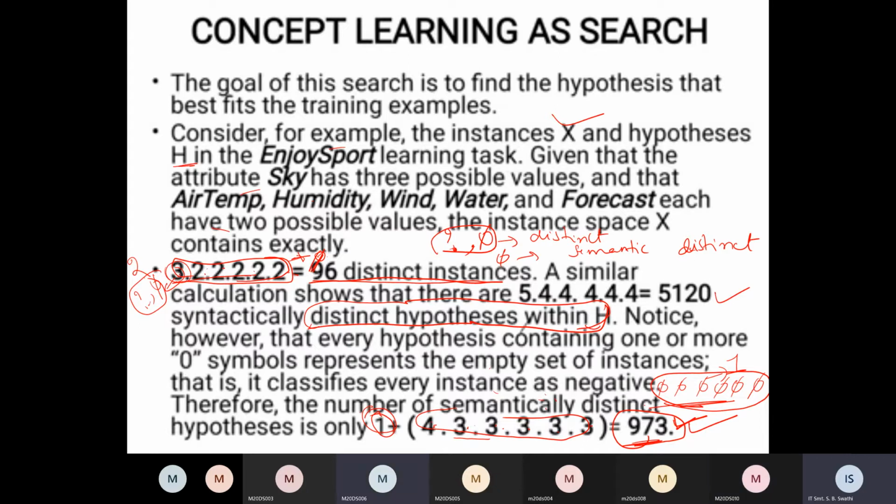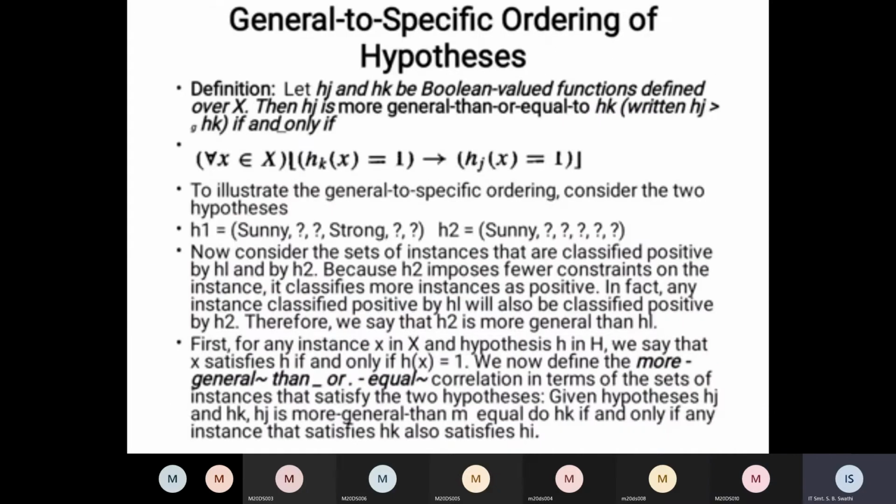Yes, ma'am. Clear, madam. Okay. This is the next topic. If some instances are given to us, how to convert a generalized hypothesis to a specific hypothesis, that we are going to talk about here.